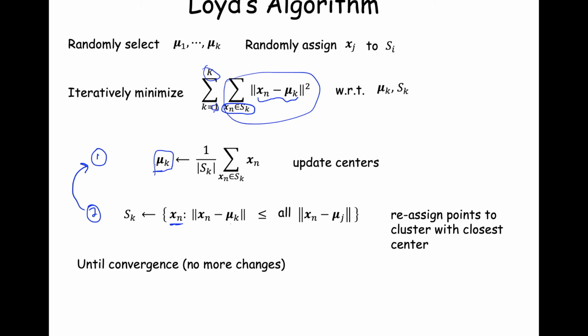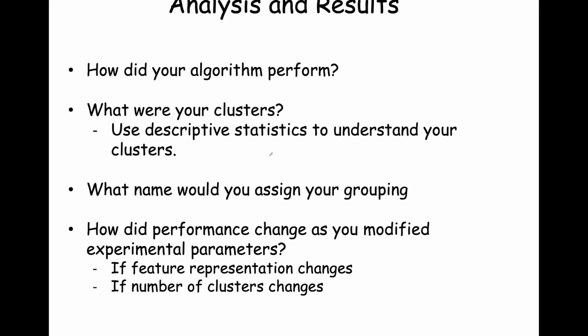And then once you do that, you fix the center and reassign. So you go from step 1 to step 2, 2 back to 1, and you alternate back and forth until you have no more changes to the assignments. And if there are no more changes to the assignments of points to clusters, then your means, mu sub k, your cluster centers, will stay fixed. All right, so that's our Lloyd's algorithm.